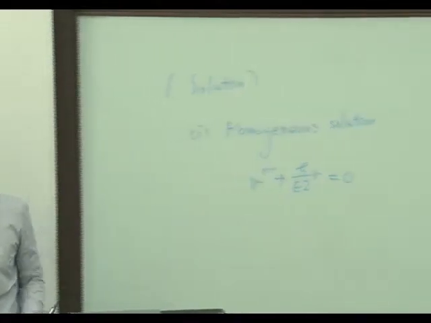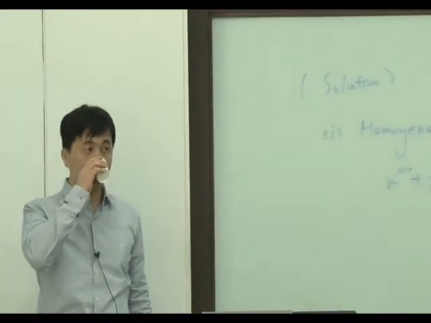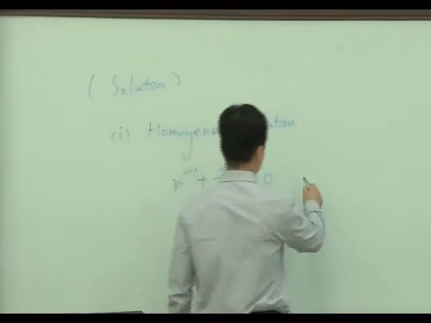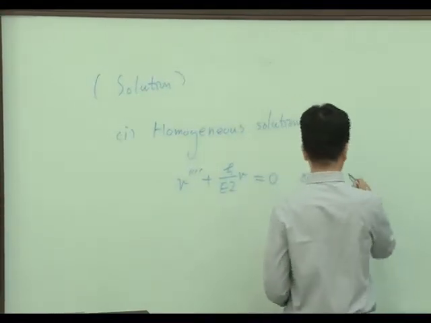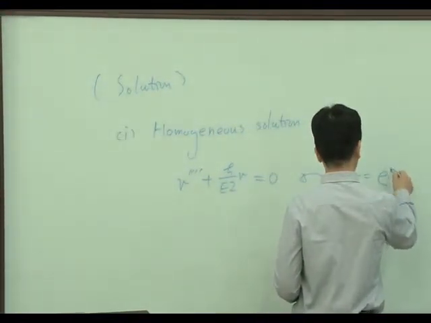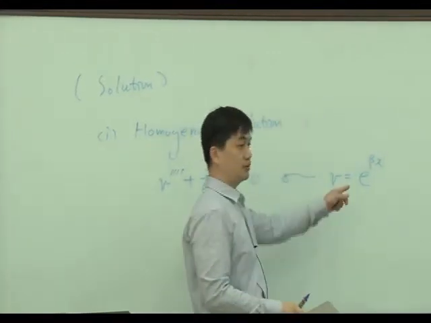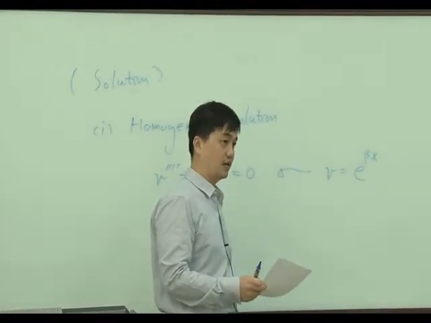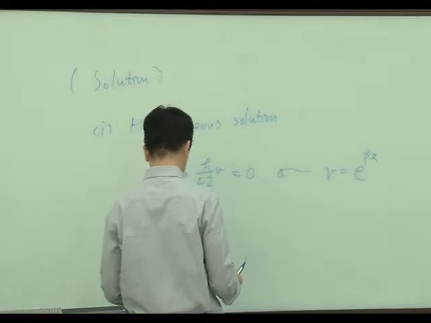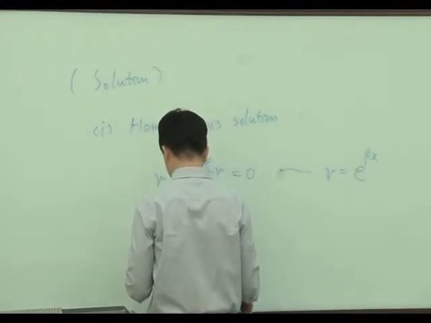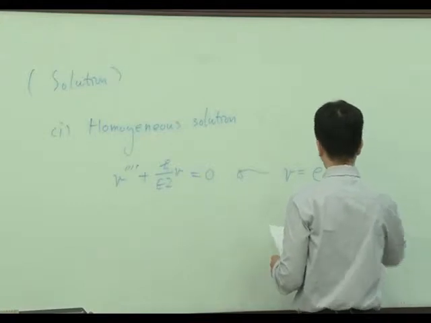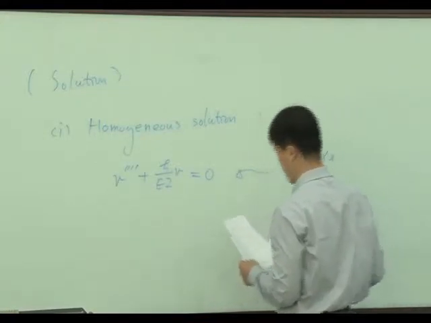You know the meaning of homogeneous, right? To solve this equation, usually we assume v is e^(beta x). If we put this into here, we can have an equation about beta, and we can solve this equation. Not beta, let's use alpha, same thing.